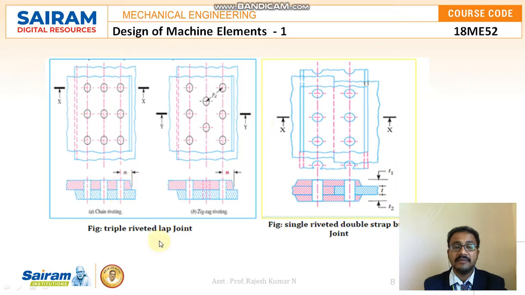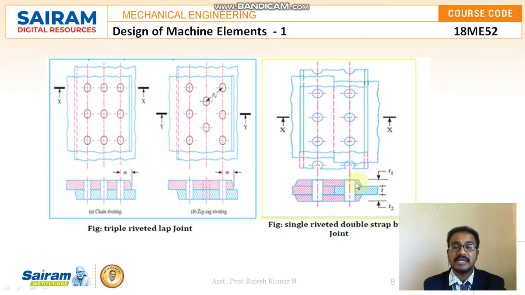And this is nothing but a triple riveted lap joint. I need not say what triple riveted means. Till now we discussed single, double and triple, which indicate the number of rows of rivets, and here the margin and other things we can see for the chain type and for the zigzag type. I have shown the sketches.